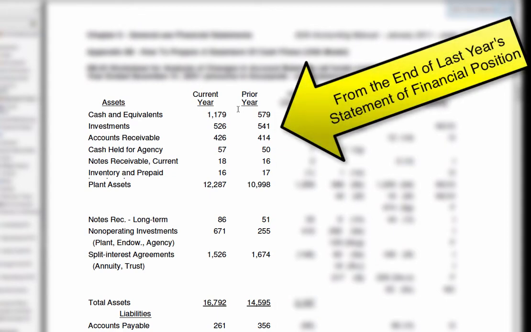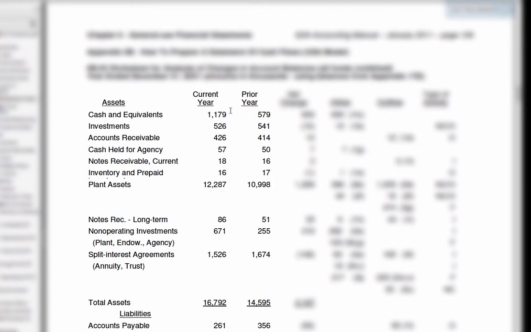So if we were doing the cash flow statement at the end of March 31st, this would be March 31st of 2014, and this would be December 31st of 2013. Okay, so this is not apples to apples here. This is the current balance sheet figures in this column, and this is the end of last year figures in this column, and then you take the net change.